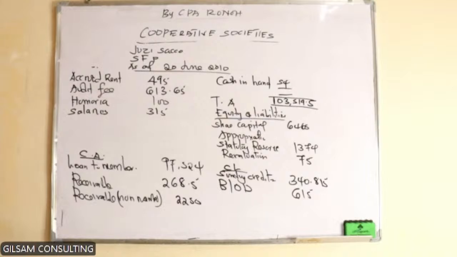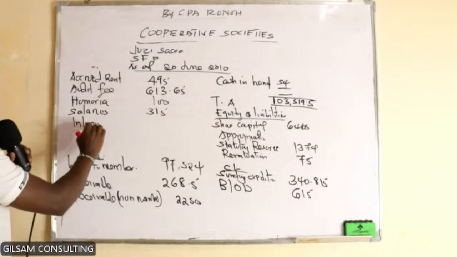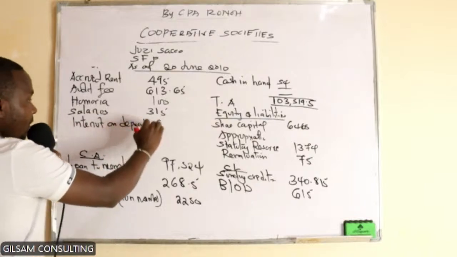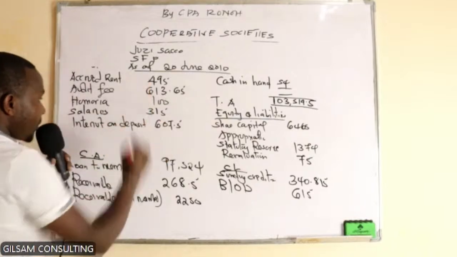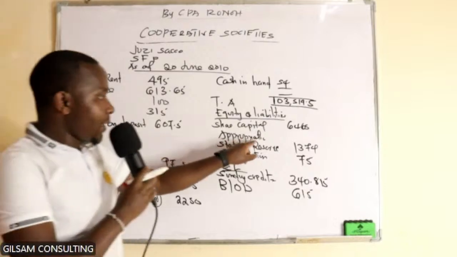Also, that one is also a liability because it has not been paid. Interest on deposits 607.5. So what was the value of appropriation?